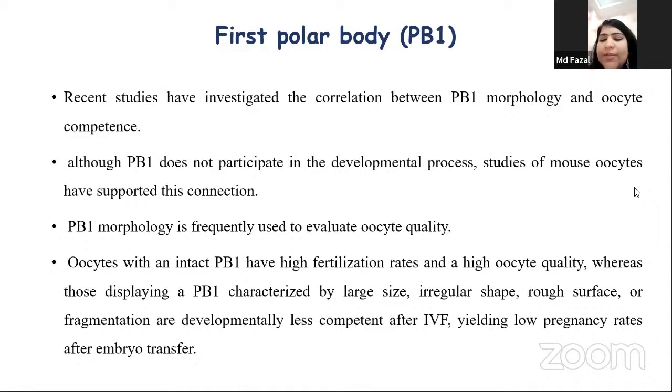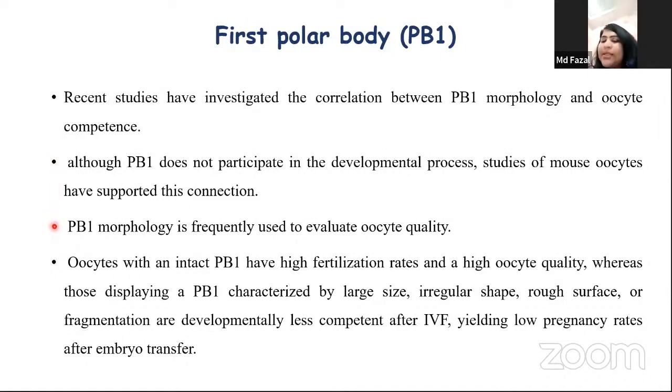Recent studies have shown that there is a morphological correlation between polar body 1 and oocyte competence. Although PB1 does not participate in development, its morphology is frequently used to check the oocyte quality.